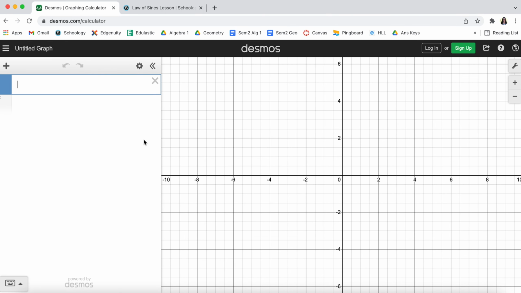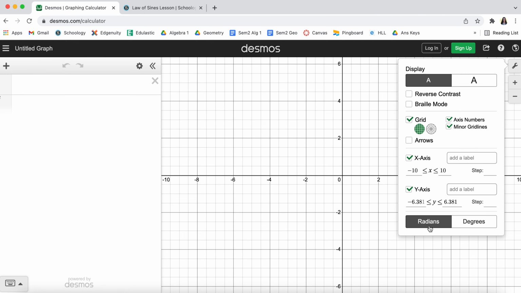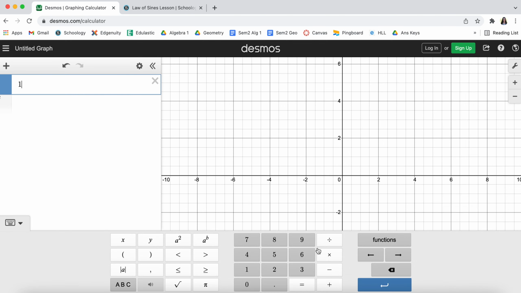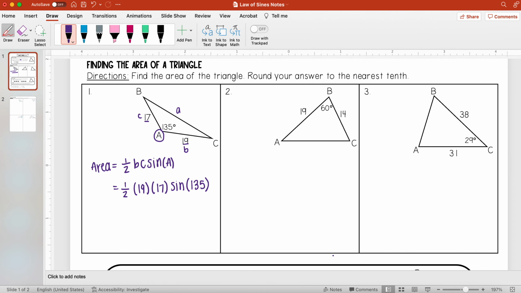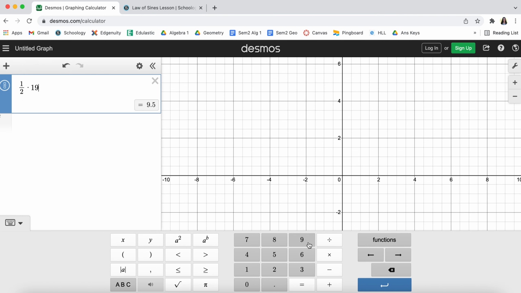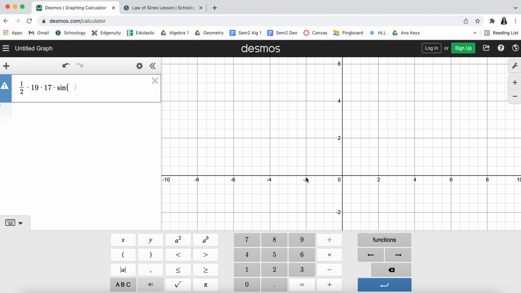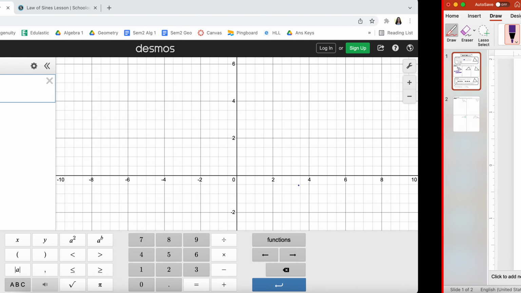If I go over to Desmos, the first thing that I always need to make sure is that this is in degrees. I see this is in fact in radians right now, so I'm going to change that to degrees. Then I'm going to go ahead and type this in. I'm going to have 1/2, so I can just do 1 divided by 2. I'm going to hit the right arrow, times 19, times 17, times, come to functions, and I hit sine, and sine of 135.